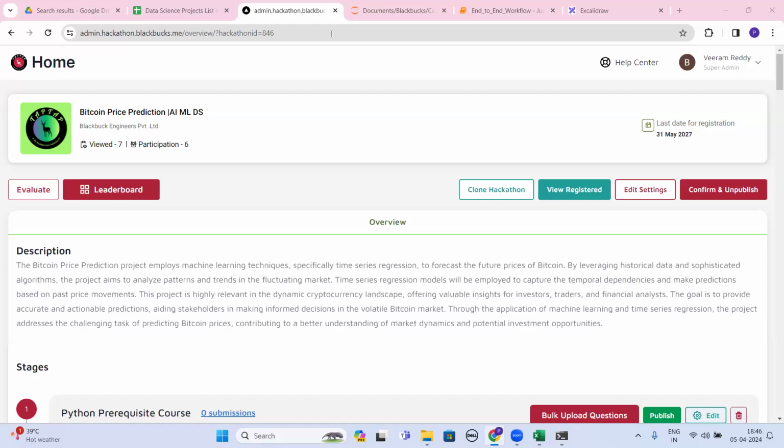What I was saying is that in this Bitcoin project, time series data is there because whenever any financial data is taken into consideration, these types of data sets are used.